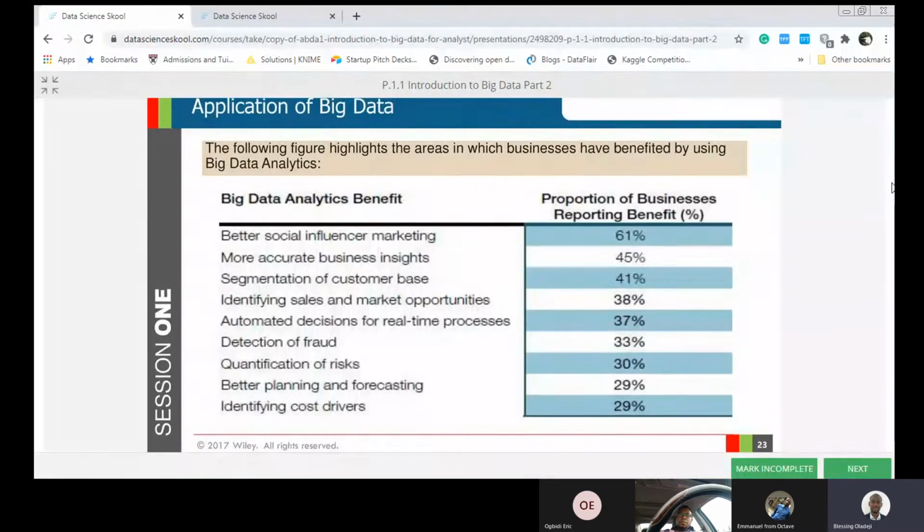Then in fraud detection, I'll give you an example. There's a bank we were supposed to start a project with sometime in October this year, but we couldn't start that project.